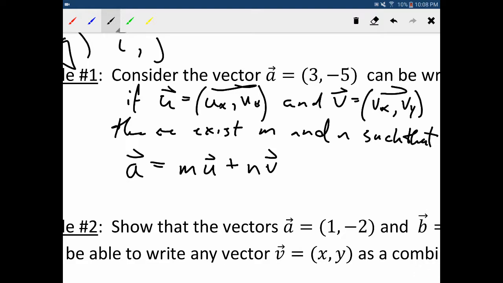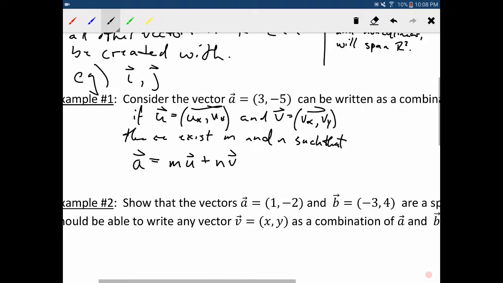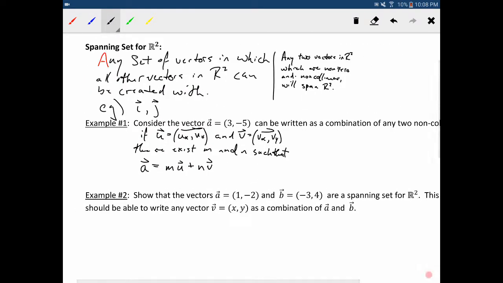We're just multiplying the vectors by these constants. So regardless of the U and V, as long as they're not collinear and not zero vectors, that will be true. Okay?